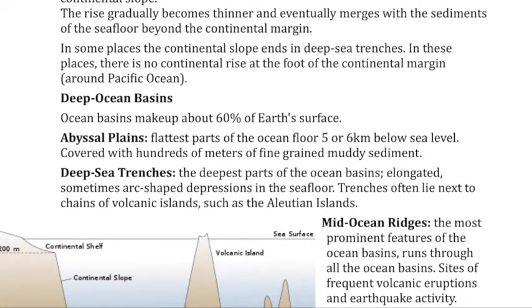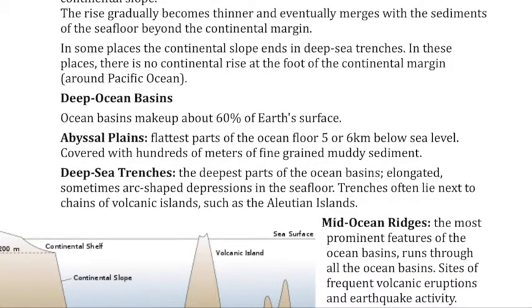So the basins are, remember, you've got about 71% of the Earth's surface covered in water. About 60% of that Earth's surface is covered up with these ocean basins. So you have the flat plains, that's just flat floor, and then you have very deep trenches.